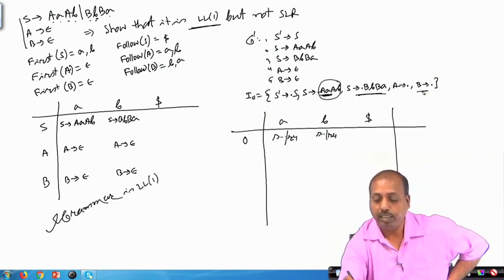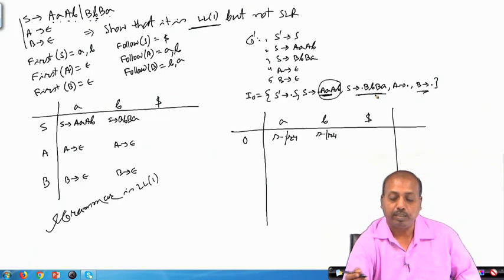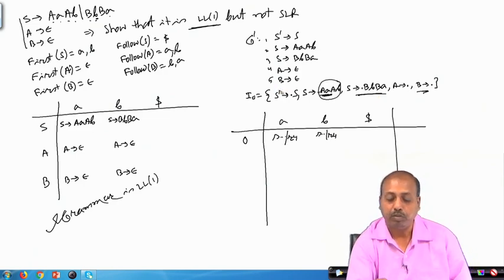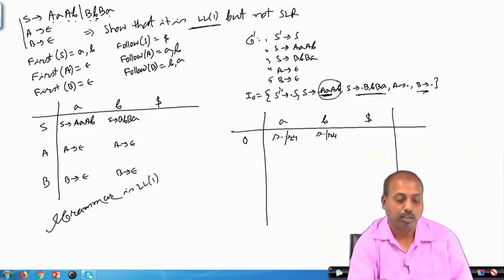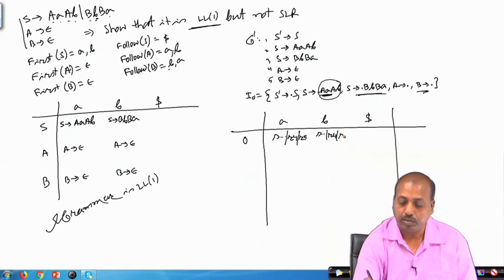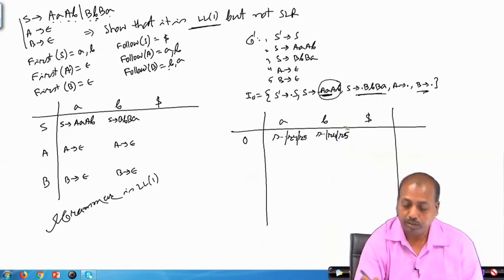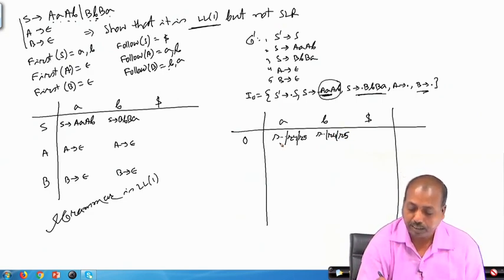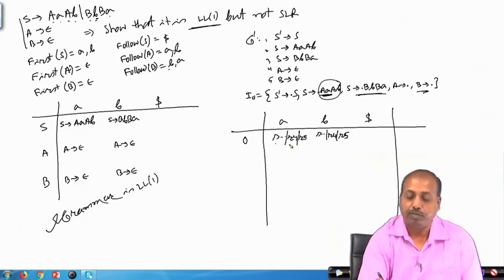Now, when we come to this item B producing dot, that says that whatever is in the follow of B, there I have to do a reduction by this particular rule. Follow of B contains b and a, so this will have reduce by rule number 5, and this will also have reduce by rule number 5. So, in this item itself you see that we have both shift reduce conflict as well as reduce reduce conflict.